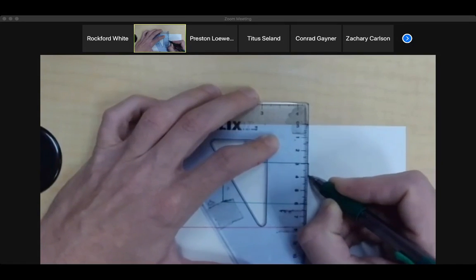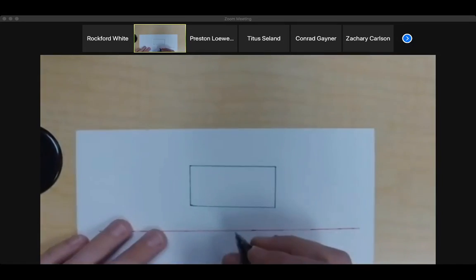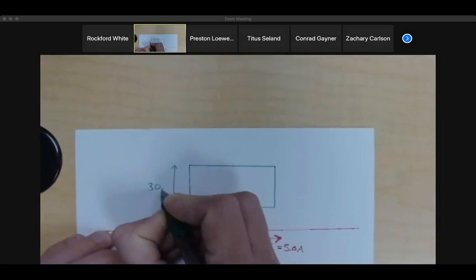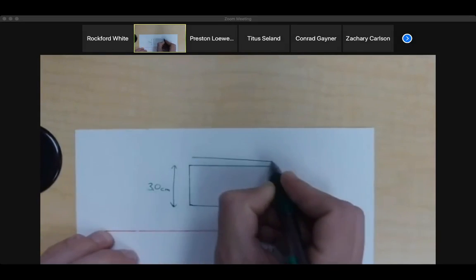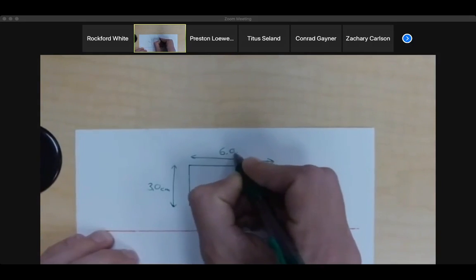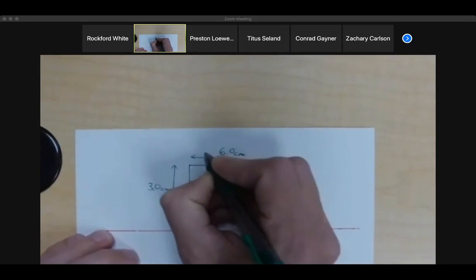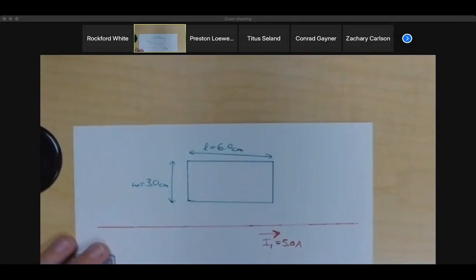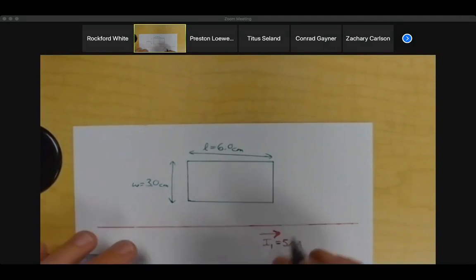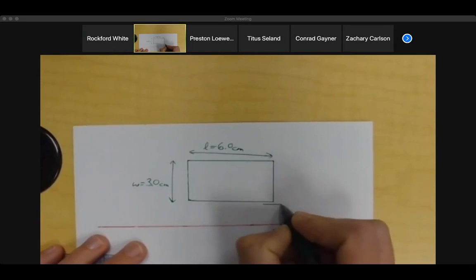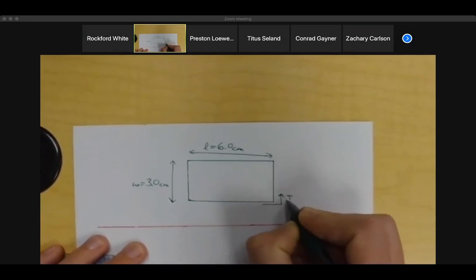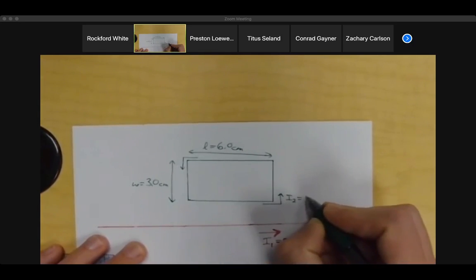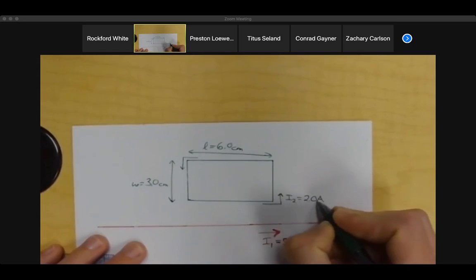The near edge is going to be 2 centimeters from the wire. The dimensions are going to be 3 centimeters and 6 centimeters. Let's call these length and width, if I use some variables to refer to that. And it's going to be carrying a current, let's say in this direction, around the whole loop, I2, and that one maybe will be 2 amps.